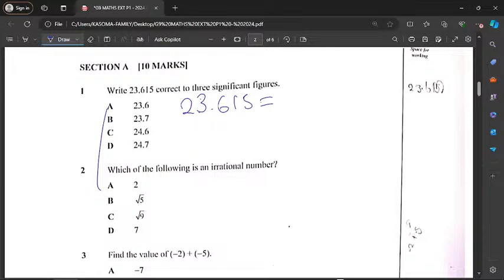This is the number that we need to write in 3 significant figures.